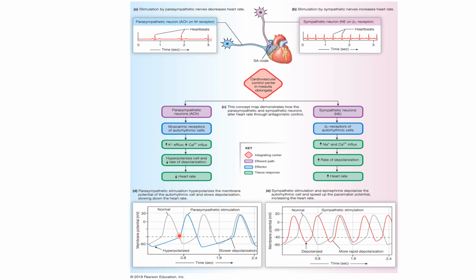Your sympathetic neurons are actually going to do the opposite. They are going to increase the rate of the action potentials taking place in your autorhythmic cells and therefore increase your heart rate. Your sympathetic neurons release norepinephrine, which acts on the beta receptors on your autorhythmic cells.